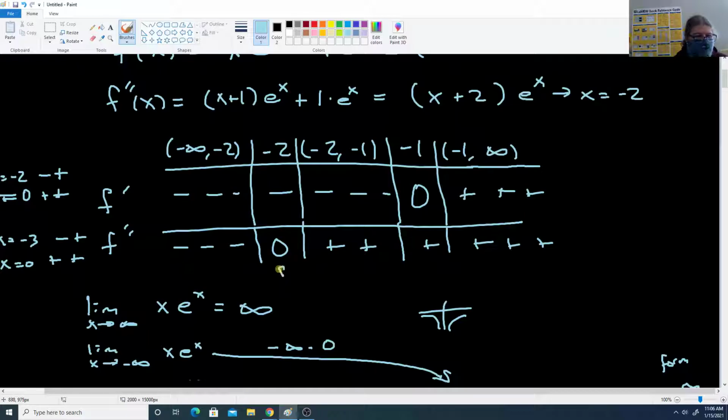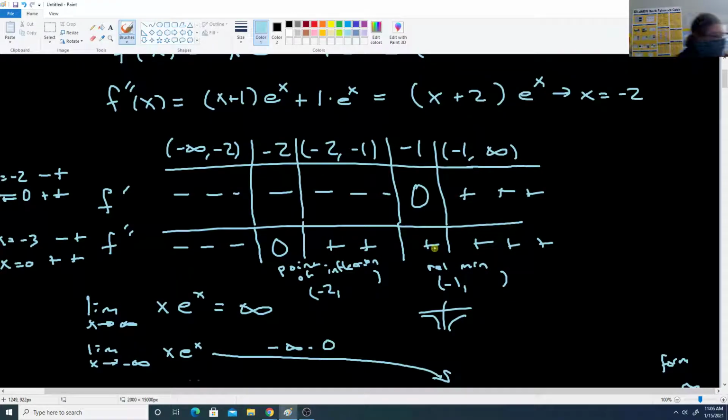Negative 2 is going to be a point of inflection, so it's going to be at x equals negative 2. Now I'll figure out the y value. And then since we go from negatives to positive across this, that's going to create a relative minimum at x equals negative 1. So we'll need to find the corresponding y value.